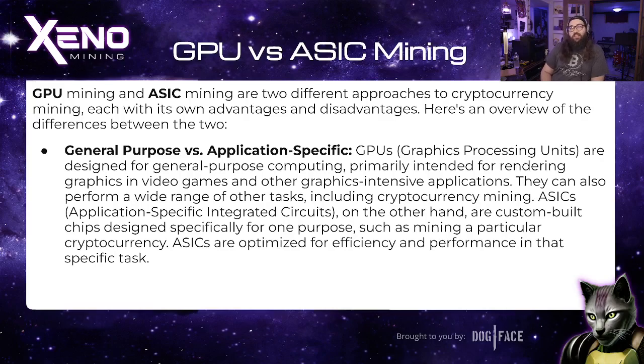So ASICs, on the other hand, are custom built for one specific purpose. They cannot do general purpose things. So if you're mining with an ASIC, it's only going to be able to do that one cryptocurrency algorithm.